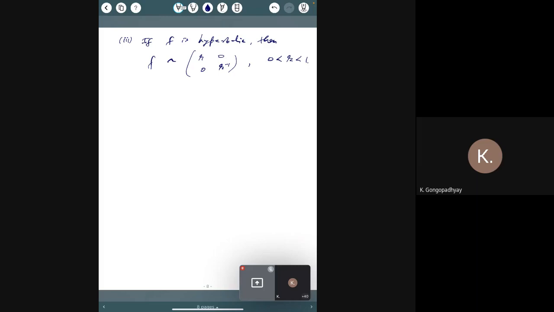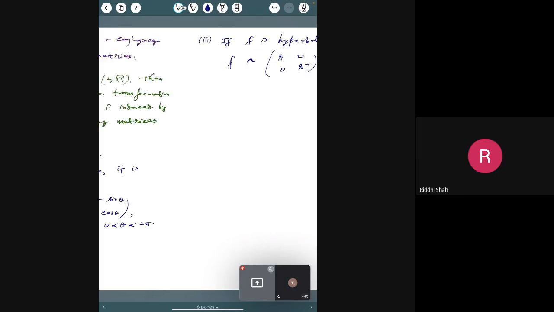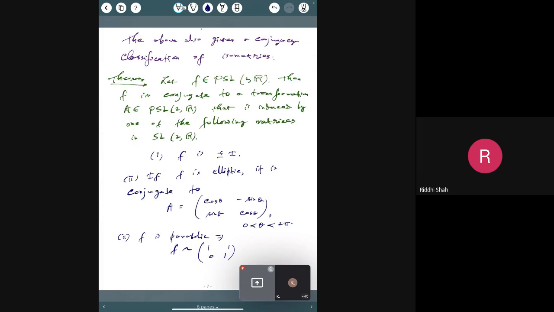Krishnendu, all of them are isometries of H2, right? Yes, yes. Since you have mentioned it, F is conjugate to F theta, or conjugate to A, induced by a matrix of this form.